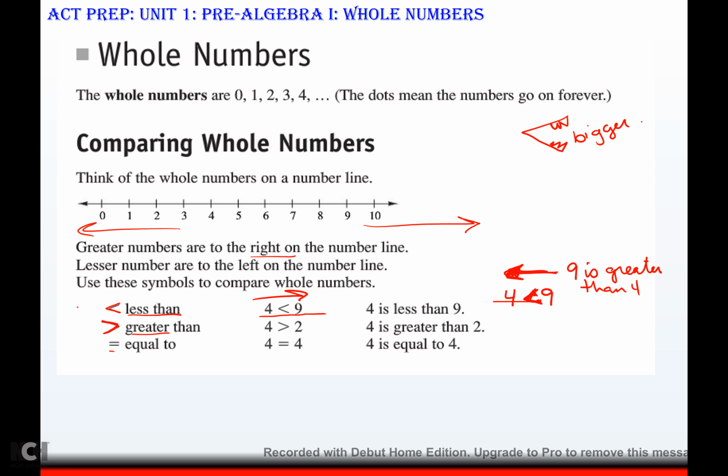So whenever you're writing these or reading these, the mouth of the alligator always points to the bigger number. So this one would say 4 is greater than 2. Well, it would also say, if I read it backwards, 2 is less than 4, which is also true. And then this way, 4 is equal to 4.